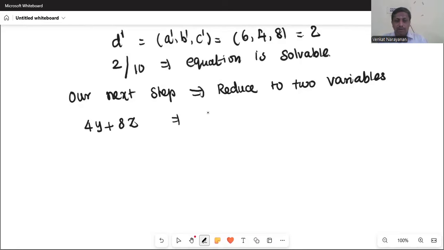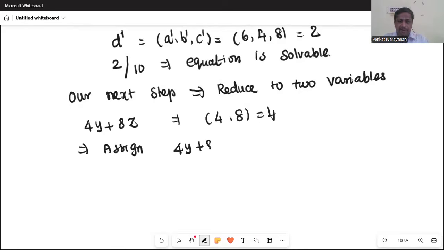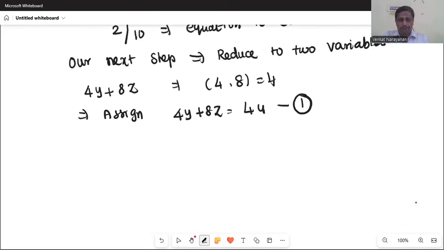Clearly, the GCD of 4 and 8 is 4, so we can assign 4y plus 8z equal to 4u. This is taken as the first equation.